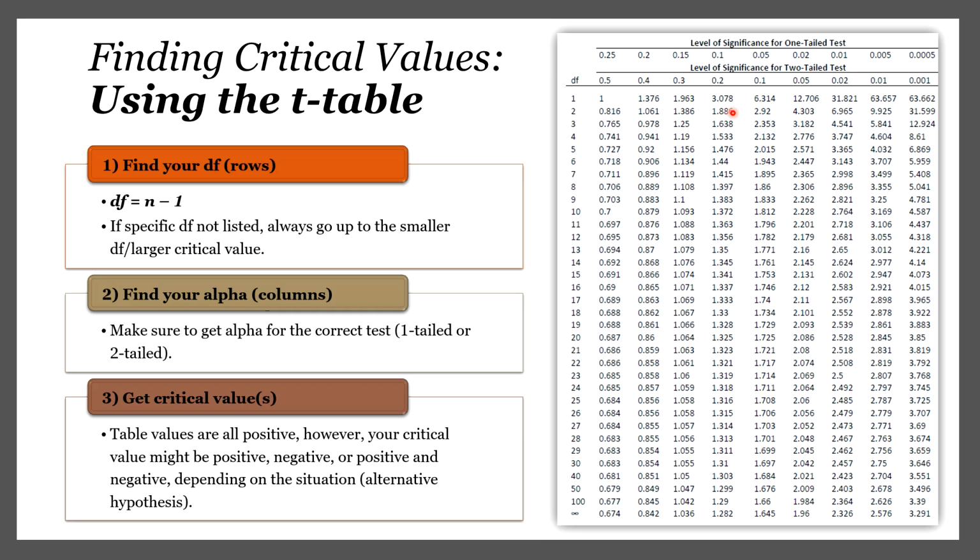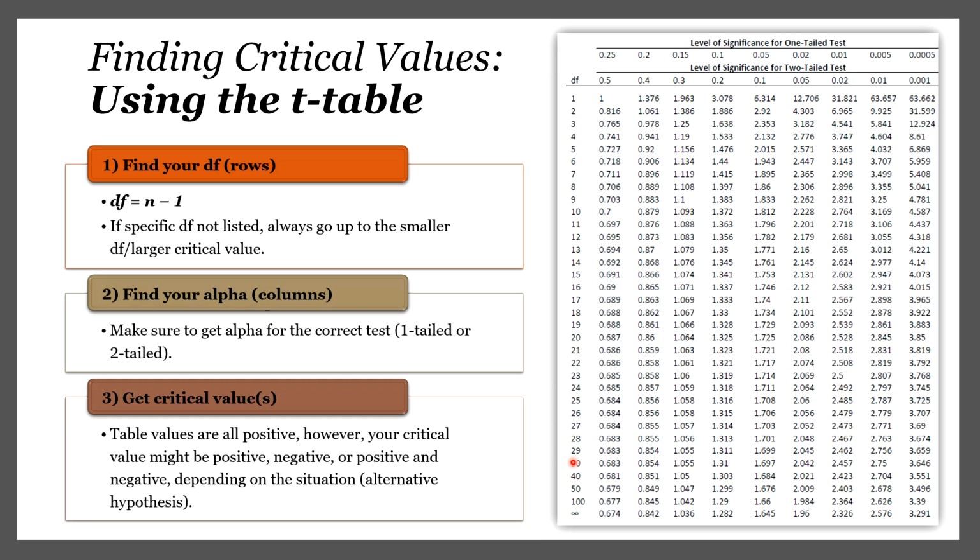So how do we use this table? First, you want to find the appropriate row, and this is going to be your DF, or degrees of freedom. Degrees of freedom for the single sample t-test is n minus 1. So take your sample size, subtract 1, and find the corresponding value in this DF column, and that gives you the row that you're going to use.